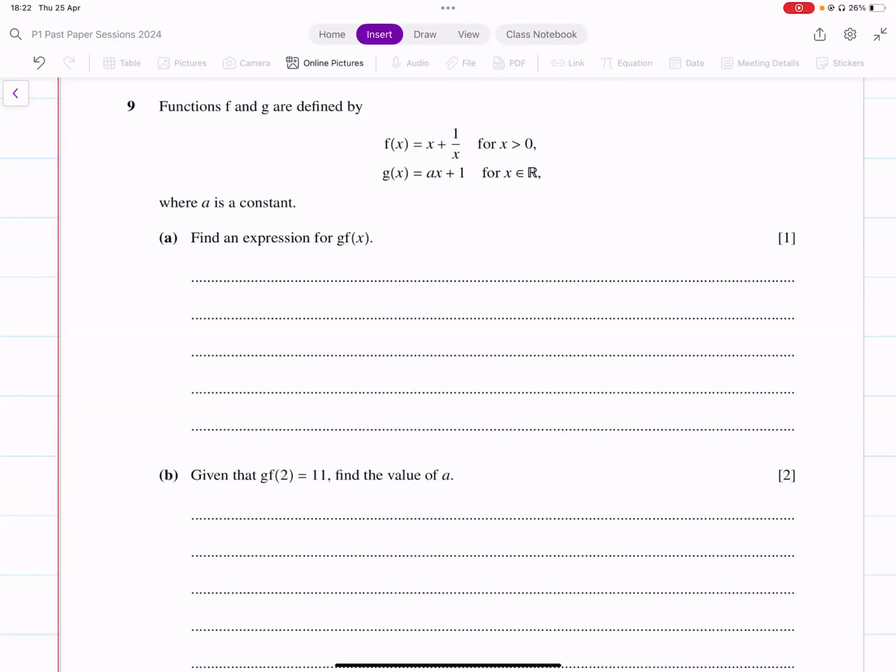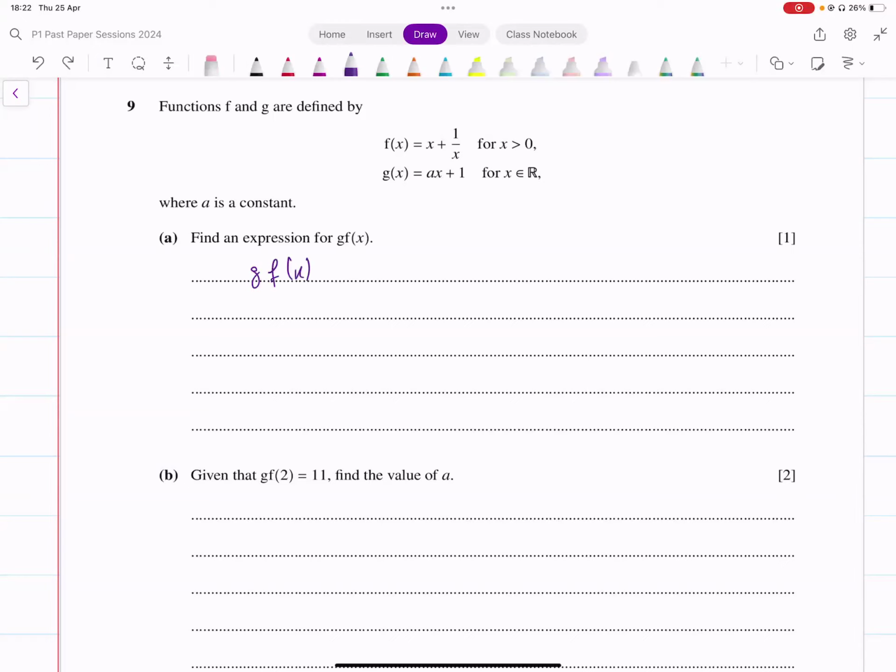Find an expression for gf of x. Now that's straightforward. Let's find this expression, gf of x. That means inside g, you've got to input f. So it becomes g of f of x.